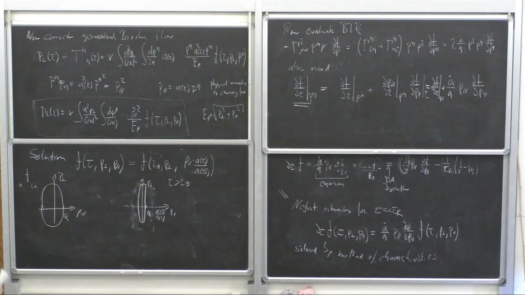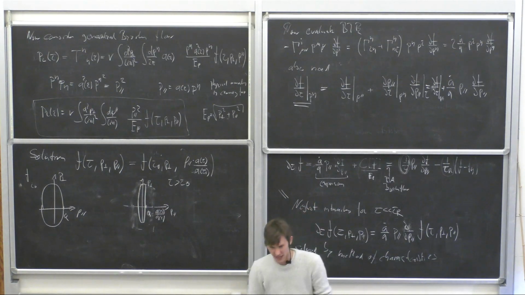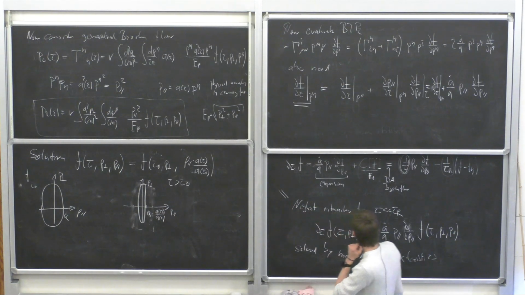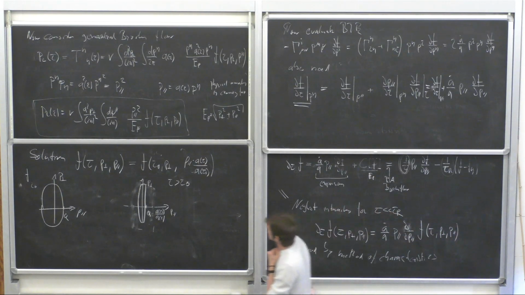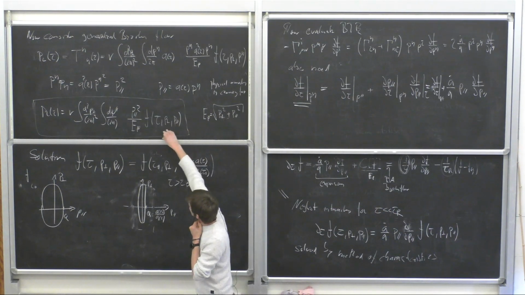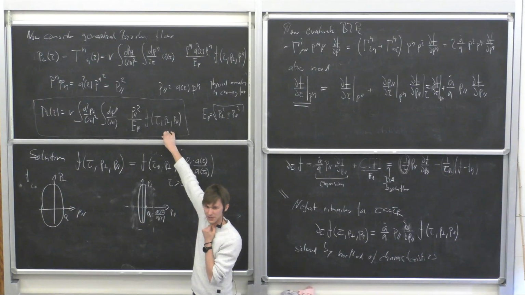Now what does this mean for our evolution of the pressure? That's at the end of the day what we are really after. In principle, we see how the pressure is calculated.